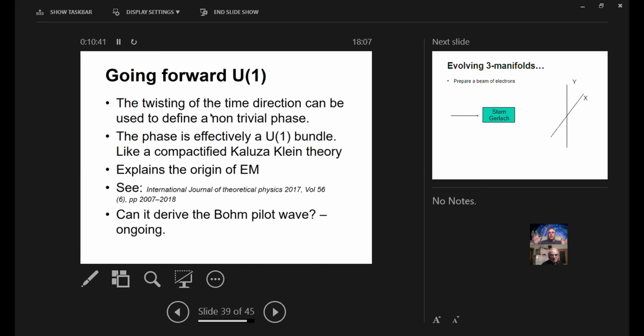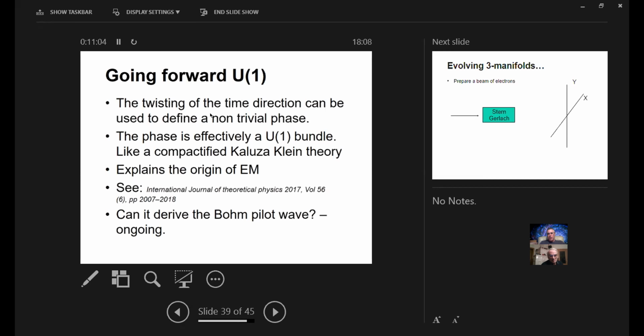You can analyze the orientability intrinsically on the surface of the Mobius strip, but actually you can make one, stand back and look at it, and see what is happening. If this Mobius strip is a space-time, you'd be saying, well, actually the time direction in my free space is twisting as it goes round.